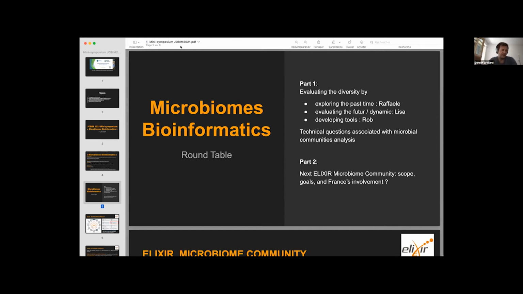But the question that could come with this is that all metadata are not equal, in the sense that it's not that easy to catch metadata from the gut compared to metadata from the ocean or from the soil. So maybe there is an inequality at some point with the different ecosystems that we want to investigate.